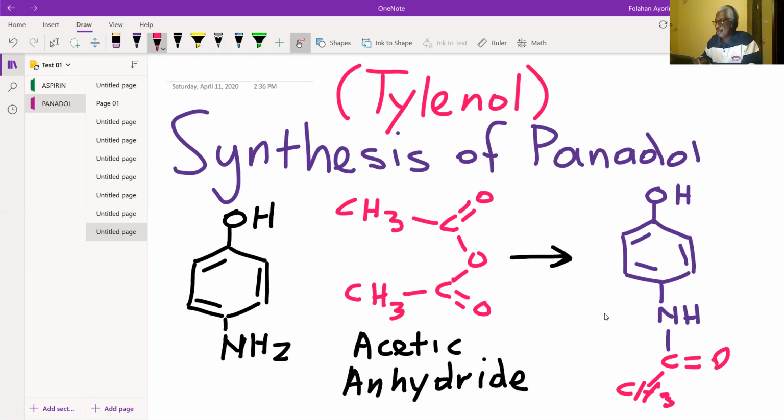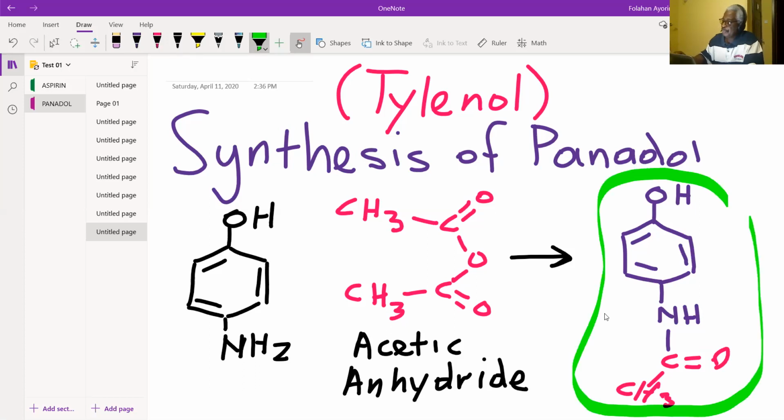Okay, so now this is our Tylenol or Panadol right here. Okay, now you could then go further with your explanation of the process to your students.